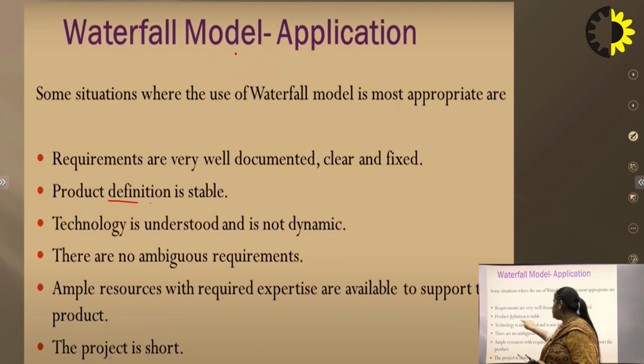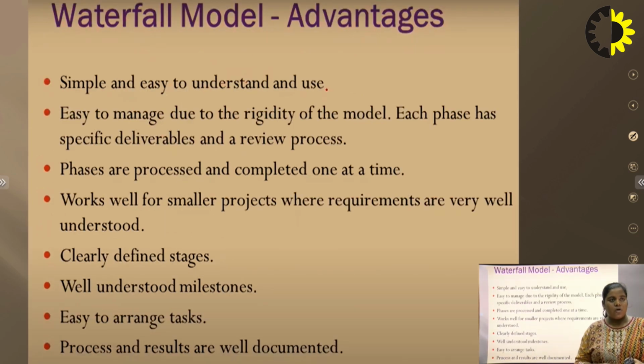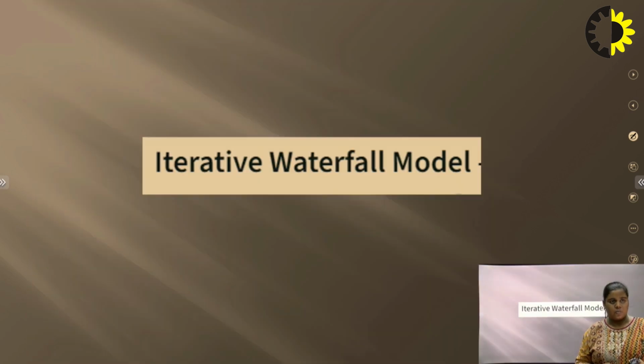Here the product definition is stable, it cannot be dynamic, so as per the requirement we cannot change our product definition. This is the basic information related to the waterfall model, and earlier I already gave a brief introduction about its advantages and disadvantages.